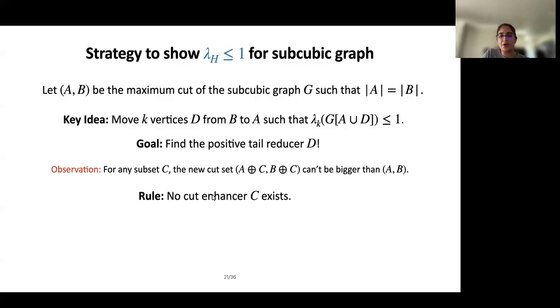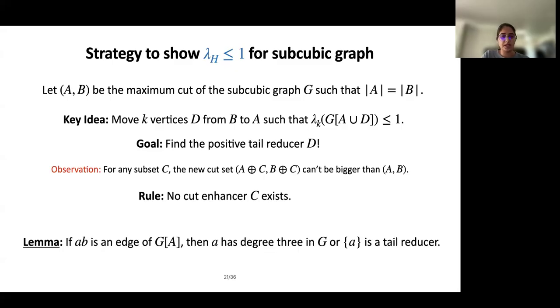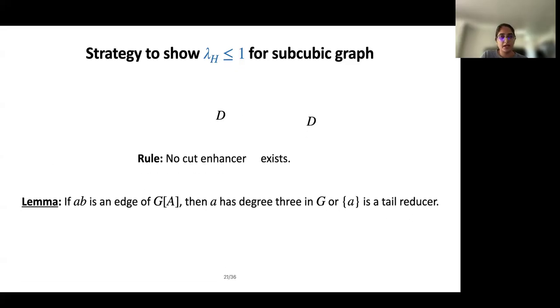So let's look at a small example of how we go about finding this tail reducer while making sure that we follow this rule. I want to show that if I have an edge AB in my graph induced on A, then the vertex A has degree 3 in G, or the vertex A itself is a tail reducer.